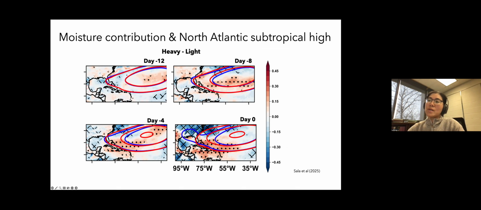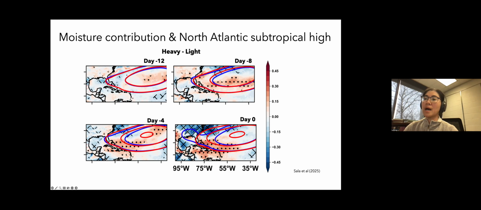And we are also tracing back from day zero, that is the day of the event's onset, back to 12 days ahead to see the evolution of the circulation and evolution of the moisture source region. As we can see from day zero, there is increased oceanic moisture contribution to the southeastern US for the heavy rainfall events in comparison with light rainfall events.